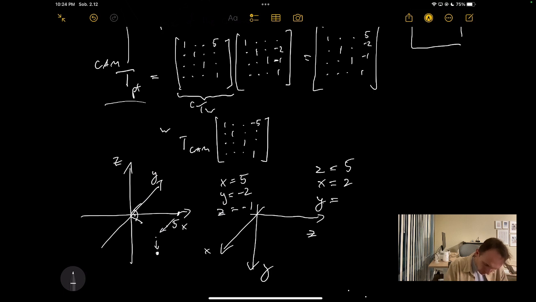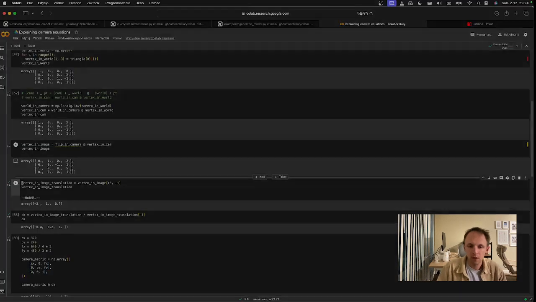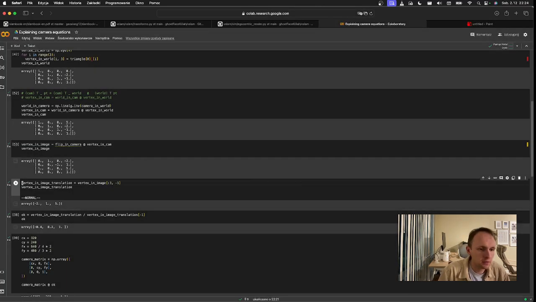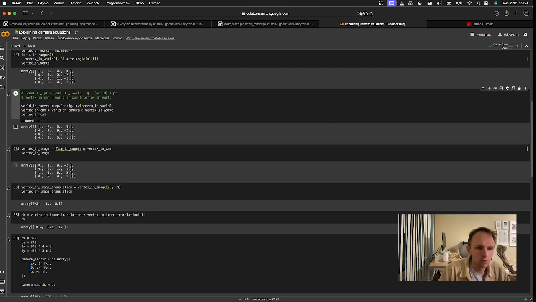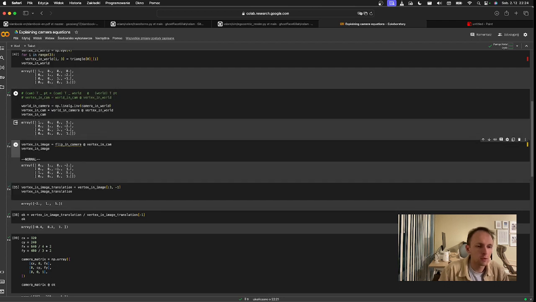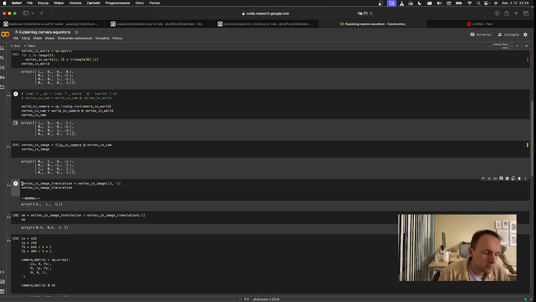Minus 5, minus 2, and then minus 1 down, and so we want y to become 1. So what it means is x equals 2, y equals 1, and then z equals 5. So we expect 2, 1 and 5. Let's see if that's what we get. We get, wait, minus 2, 1, 5.